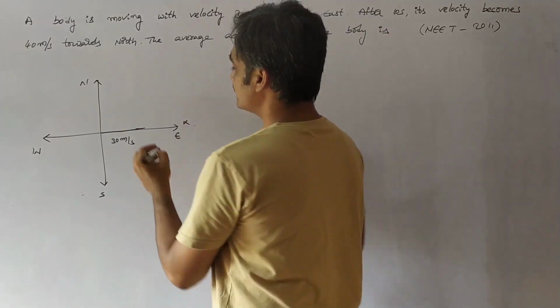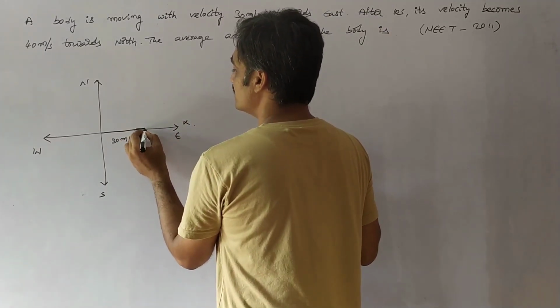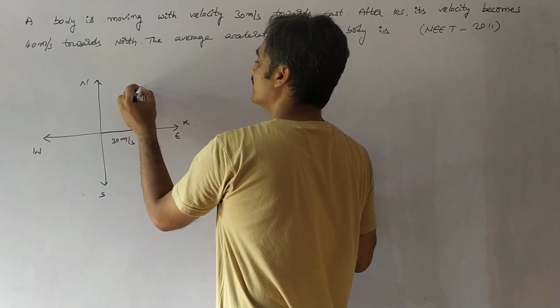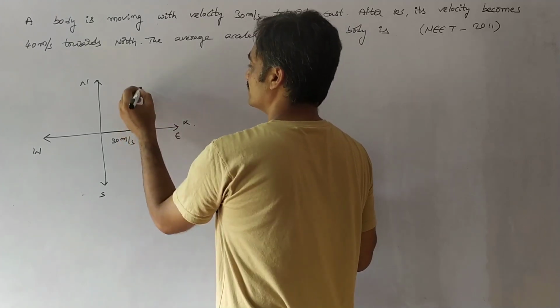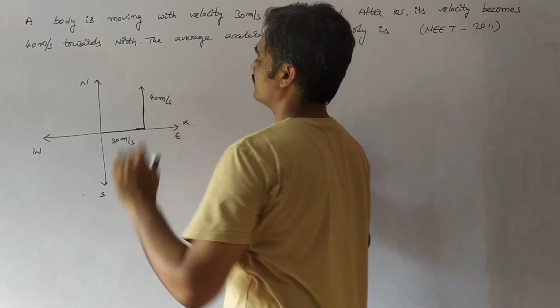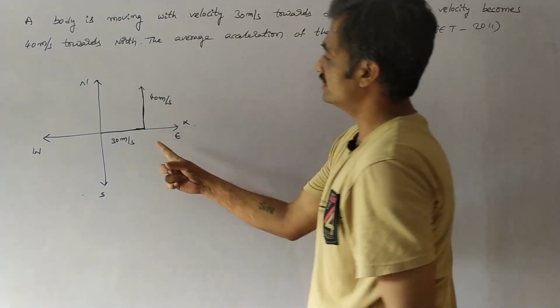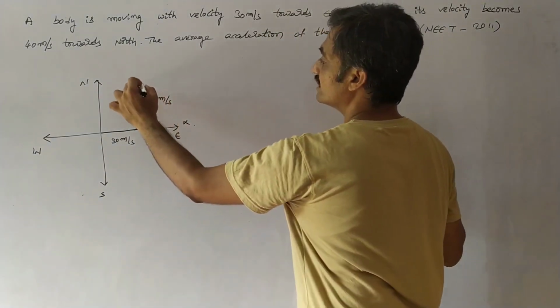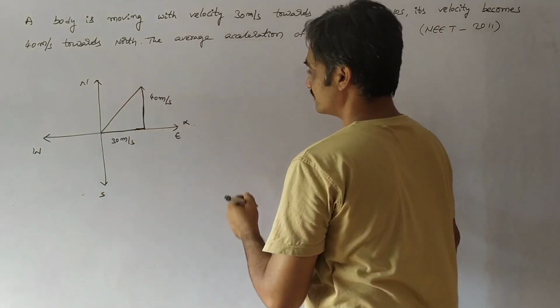And next, after 10 seconds, the body has changed its direction and started moving along the north direction with a speed of 40 meter per second. So now, based on these velocities, we have to find the resultant velocity.